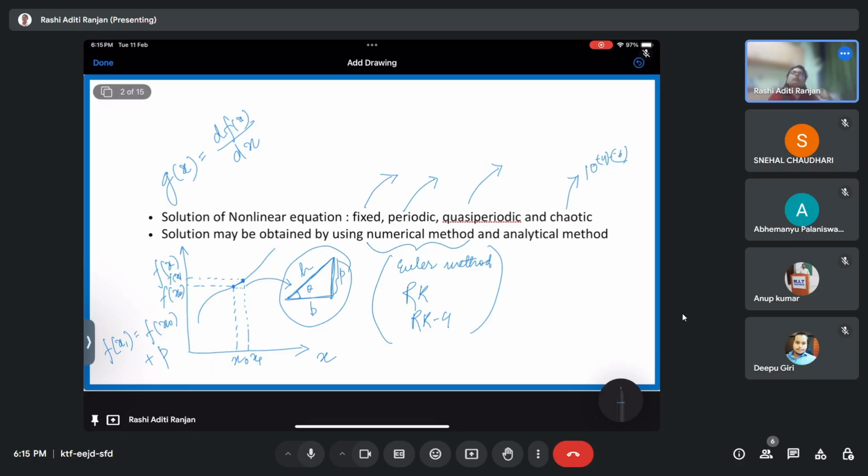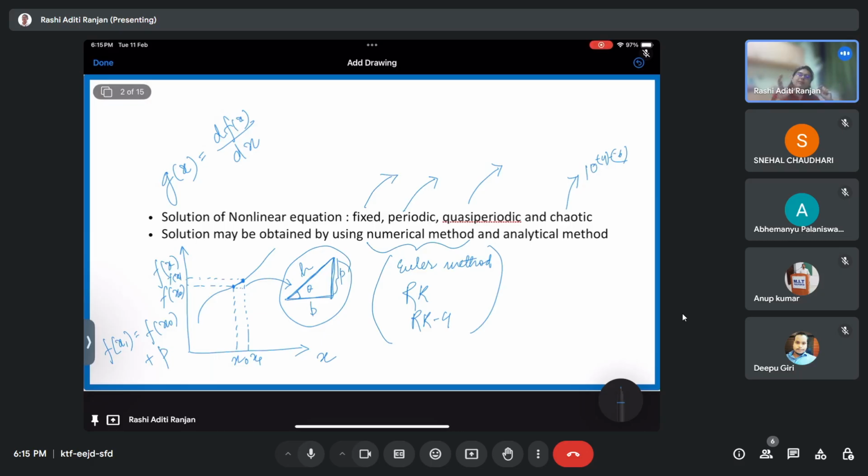But we know that if we have an analytical solution, it is much easier for us to predict the solution or to know where to operate my system. So some researchers tried to get the analytical solution.